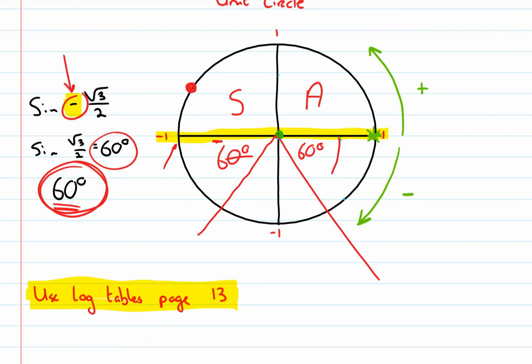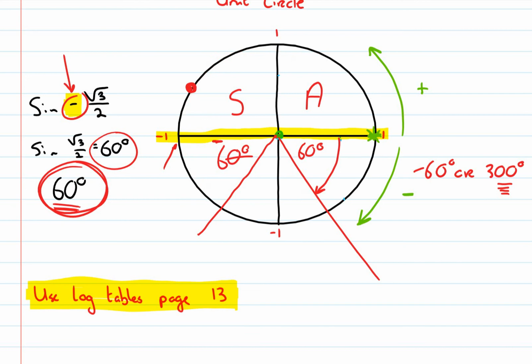So from here to here is minus 60 degrees if I was to measure this way. Or, and this is the way I'd like to measure, it's from here all the way around to here, which is 360 minus 60, which is 300 degrees. So one of my answers is 300 degrees.